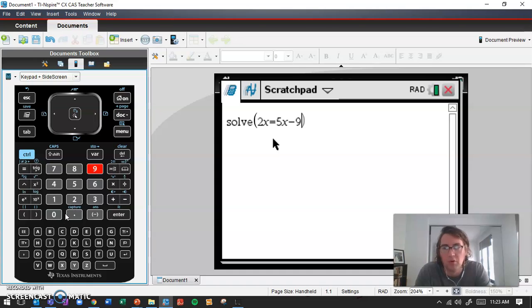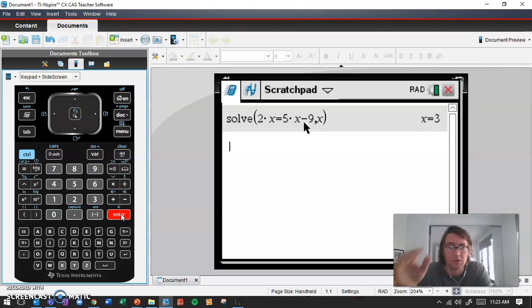The important bit then is to put this little comma. That's saying solve for, and then you tell it what variable you want to solve for. Solve for x. If you press equals, it will give you x is equal to 3. Positive 3, the same answer we had before. That's another way of checking your equations.